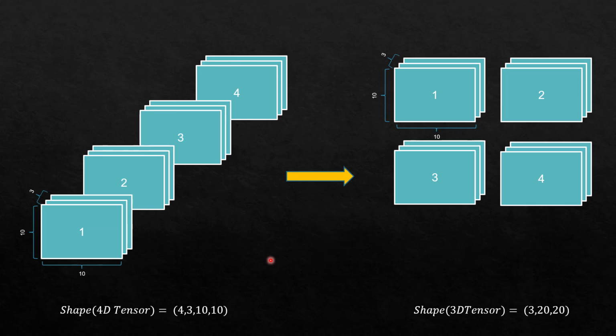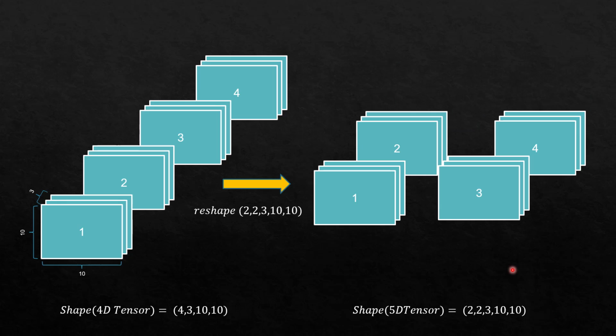So we need to transform this image from 4, 3, 10, 10 to 3, 20, 20. As we have seen in the reshape operation, we broke down this particular axis into 2 by 2. That creates 2 rows, and each row has image 1 and 2, and 3 and 4.